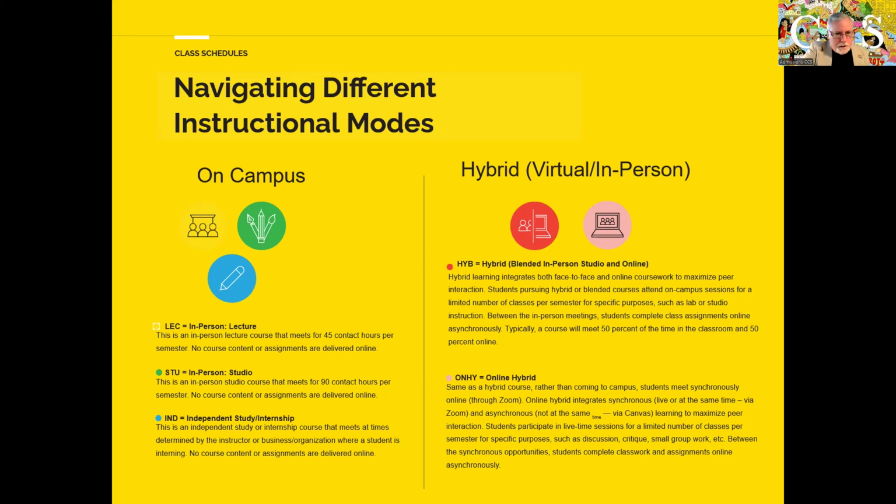ONHY, so this would be an online hybrid. So students would synchronously through Zoom be taking classes online. And again, this information will be shared out to you by your academic advisor. So if you do have any additional questions, certainly reach out to them and they could explain all of this to you a little bit more in detail.